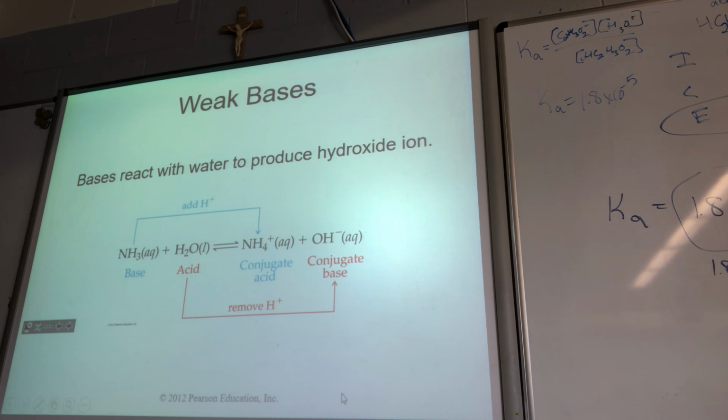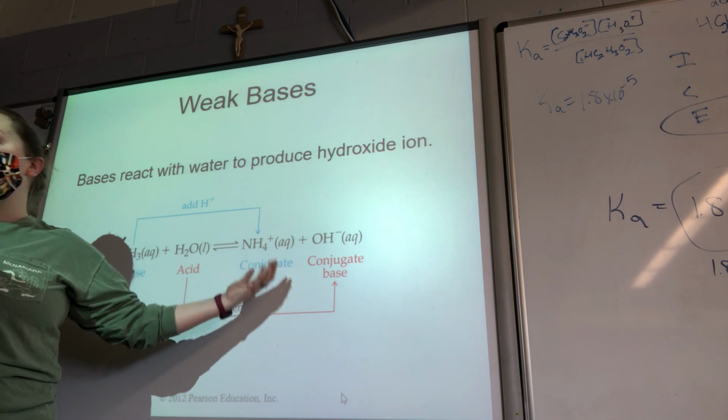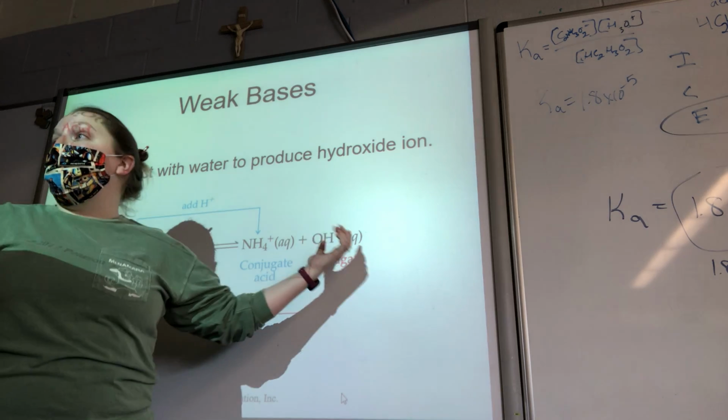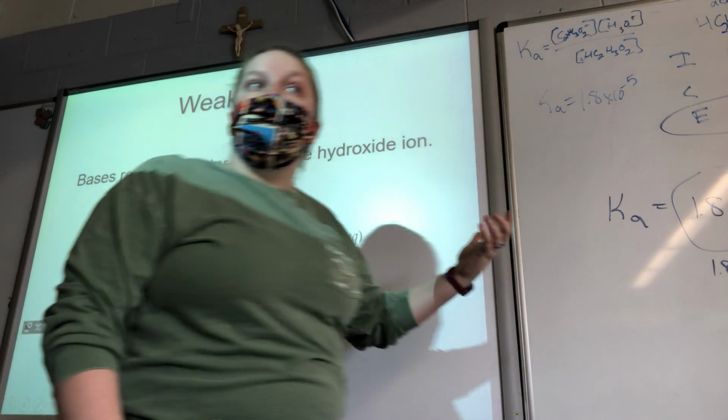Okay? This is unique. Again, in this particular case, water does act like the acid. NH3 is going to act like the base. We're going to see that that acid gives up its proton to the base and forms a conjugate acid with an extra proton, that acidic proton, and our conjugate base, which is our hydroxide ion.